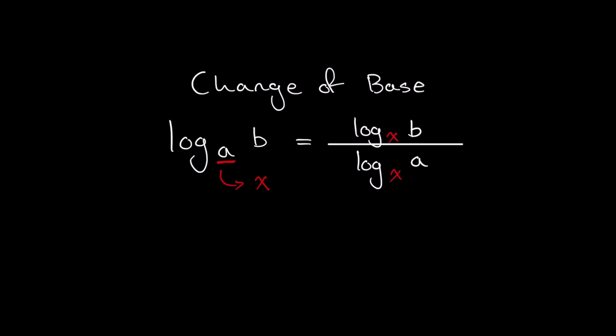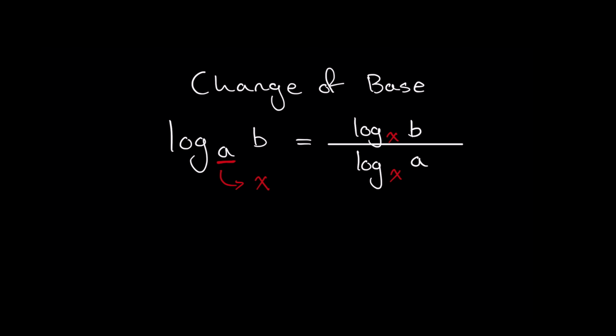Just to make a quick comment on this identity in general, your new base, which is x in this case, could be literally anything that you want, provided that it's not something silly like a complex number, or in some cases even a negative number.